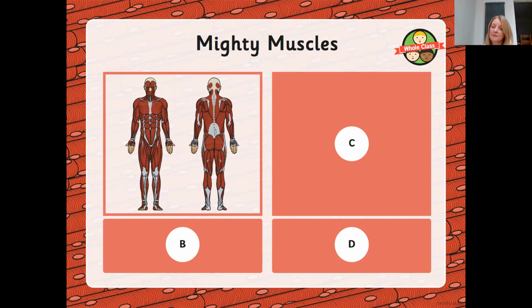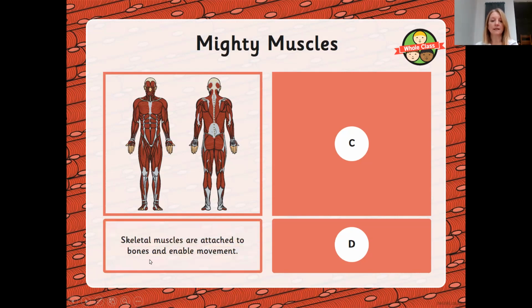But then if you go around to the back of your leg, you can feel where all the muscle is there, just showing here. And then in this back view of the person, muscles all across your back, and then here into your bottoms, and then the backs of your legs there. So muscles covering the whole of your skeleton.